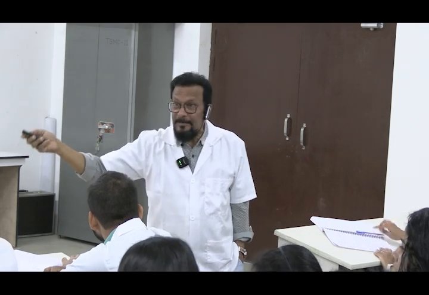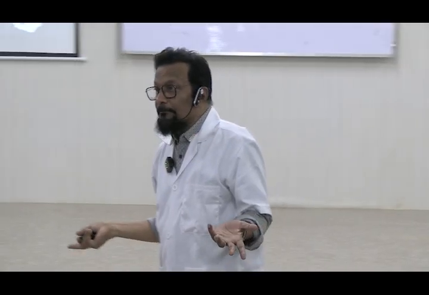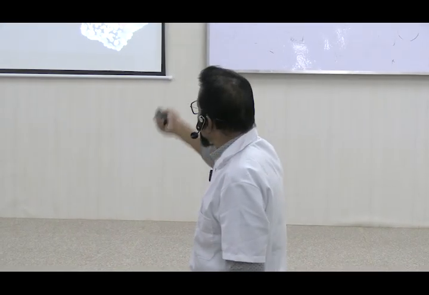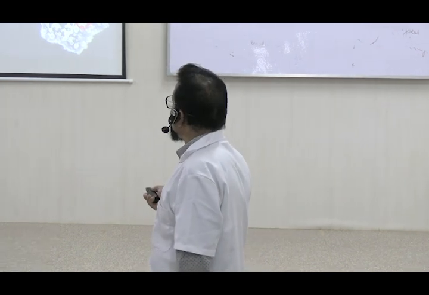Now I am discussing the pathological conditions under which there will be leukocytosis. What are these? Acute bacterial infections, acute hemorrhage, burns, tuberculosis, and many other diseases. In that case, we have a pathological increase in WBC count, which we call leukocytosis.